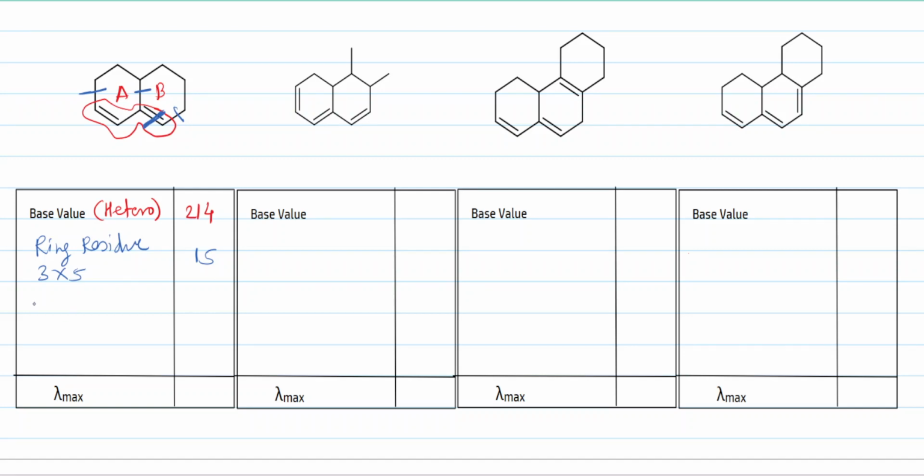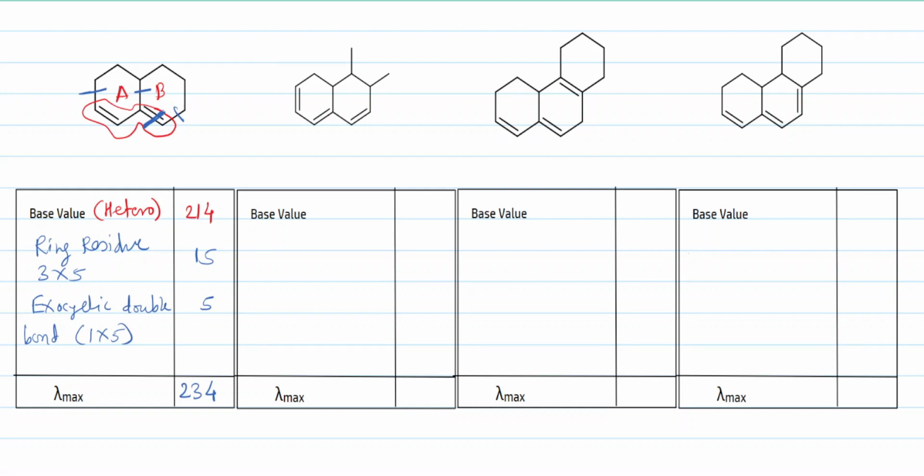So one exocyclic double bond, 1 into 5, is equal to 5. Then we add these, and here we get 234 nanometer as the lambda max for this compound.